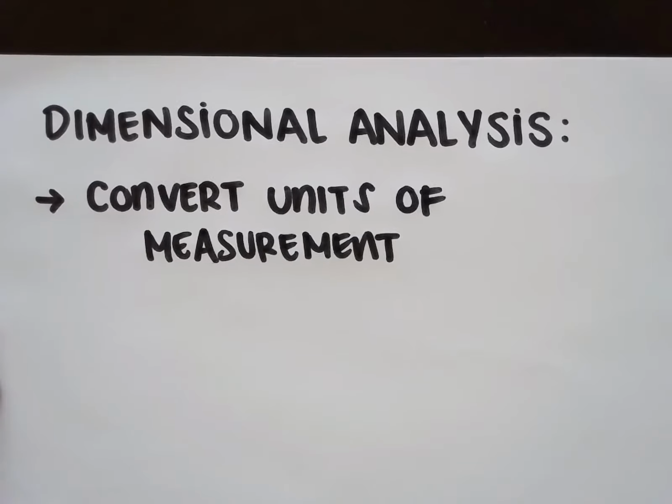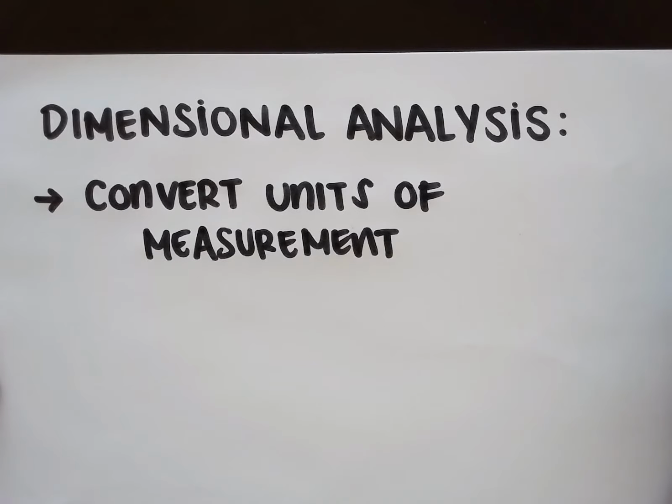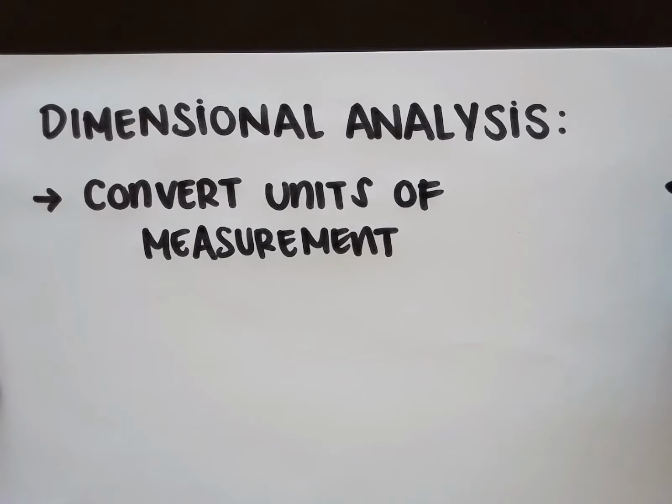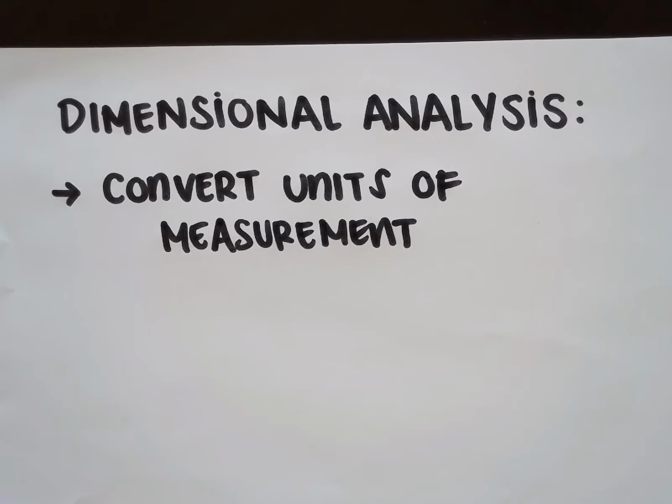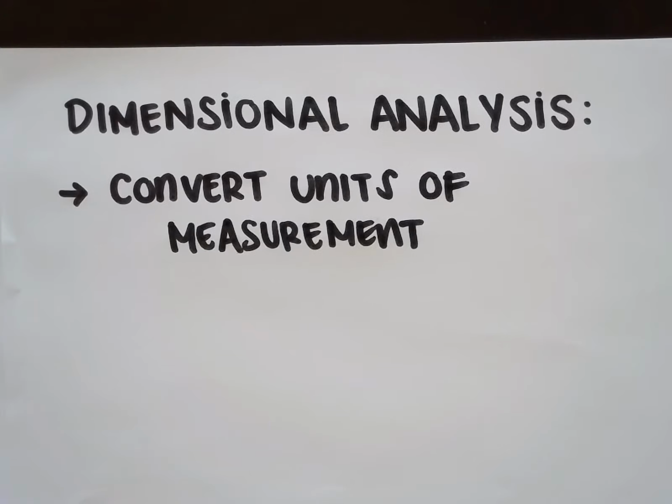And for you guys, since you are learning this in science, you can also use it later on in math or statistics or biology. Specifically, we're going to be using this in chemistry. So the first thing you need to know about dimensional analysis is you actually need to define two terms.